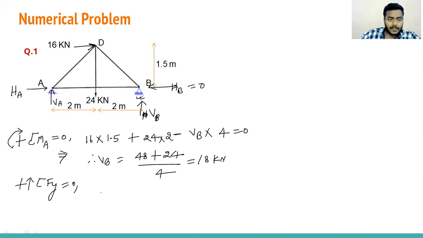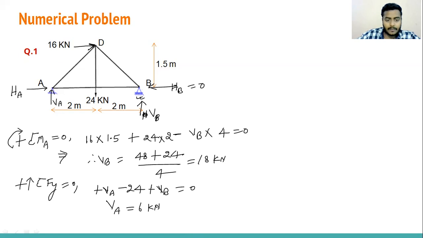From this equation, we can get plus VA minus 24 plus VB is equal to 0. So from here we can get VA, that is 6 kilonewton.